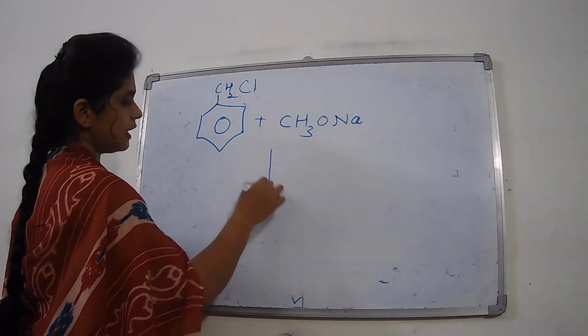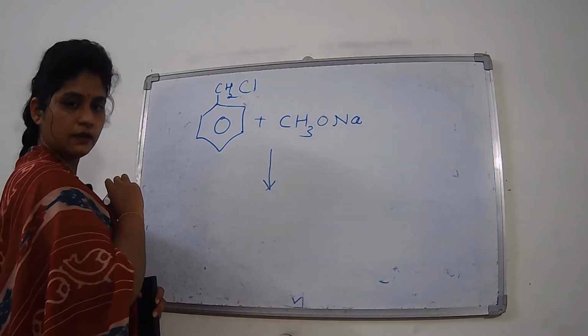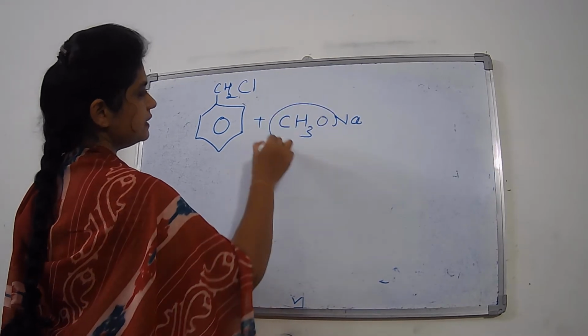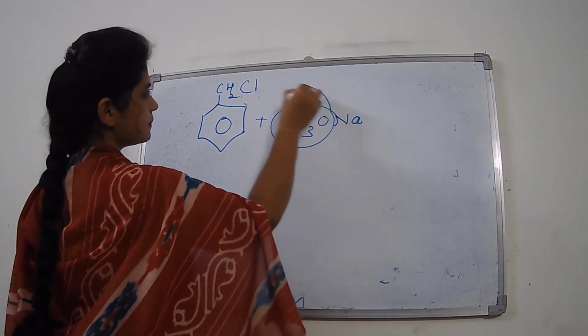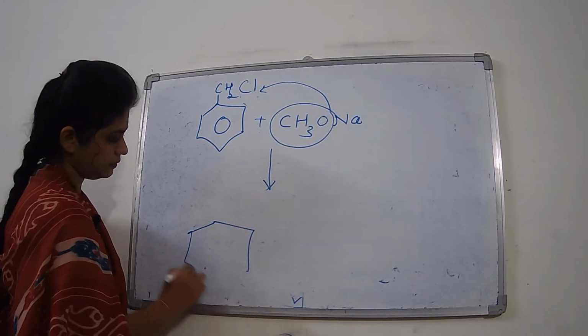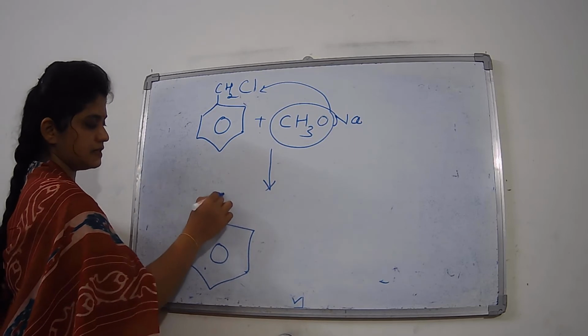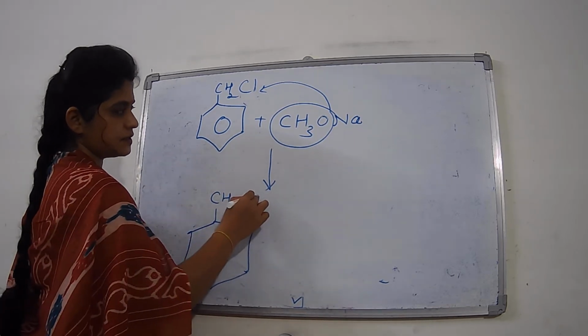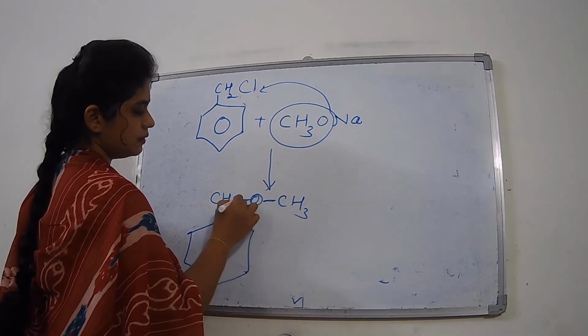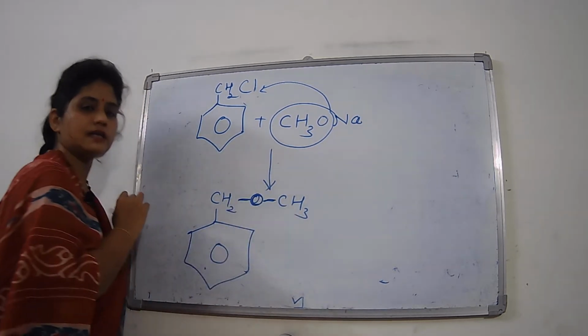So when this reacts with sodium methoxide, this OCH3 gets substituted in place of Cl, and we get the compound CH2 as it is, oxygen comes here, and after that CH3 comes here. So this O bonding is called the ether compound.